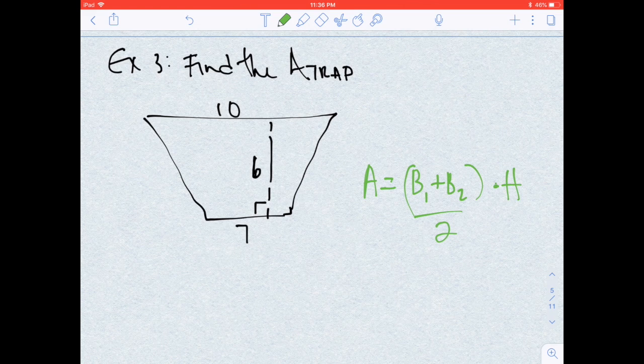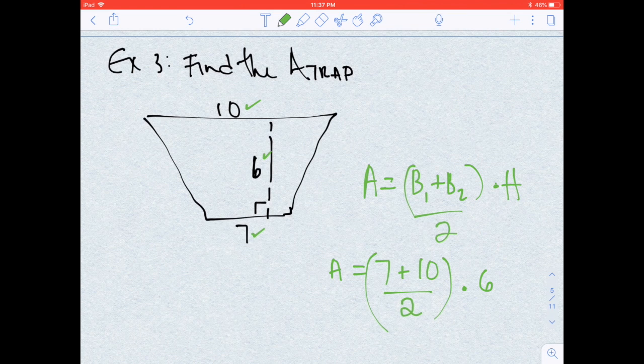It doesn't matter which base I add first, so I'm going to say area equals 7, so I did that part, plus base 2, 10. I'm going to find the average of these two, divided by 2, times my height, which is my 6.